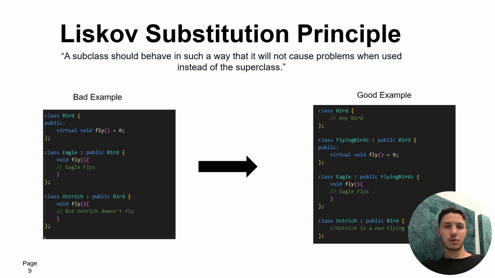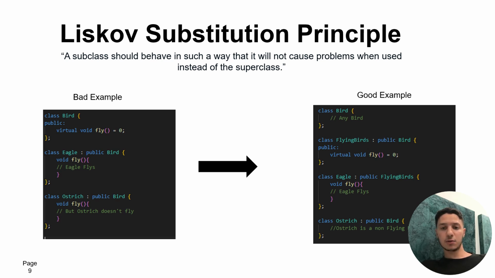This causes unexpected behavior. So in the good example, we made a more generalized class called bird, and we have birds that can't fly and birds that can fly. So there's a class called flying birds that inherits from bird, and it has a function called fly.